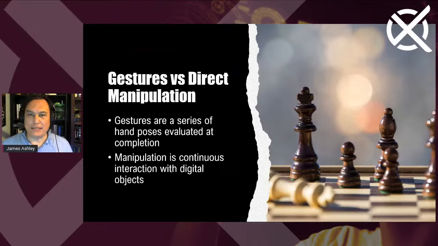So here's another great concept as you start thinking about gestures more, which is what's the difference between gestures as we're talking about them and also direct manipulation. This is something that Jamie Lee Blake taught me almost a decade ago. Which is, say on the iPhone, you've got two things happening.